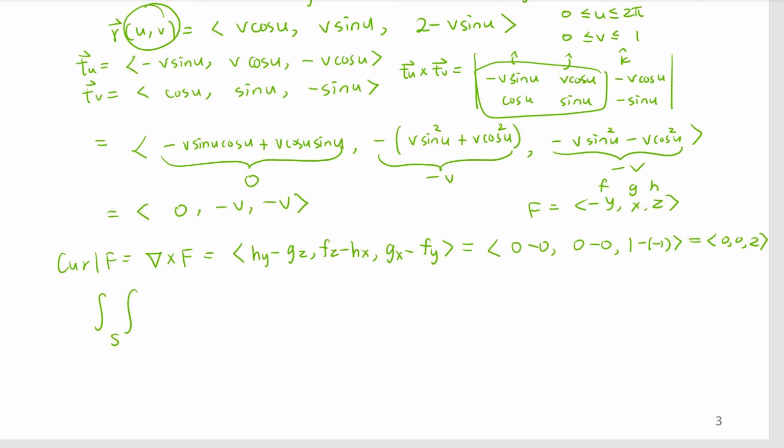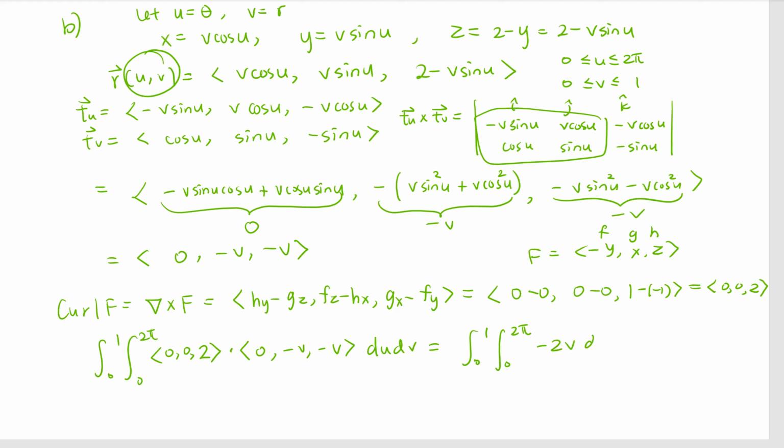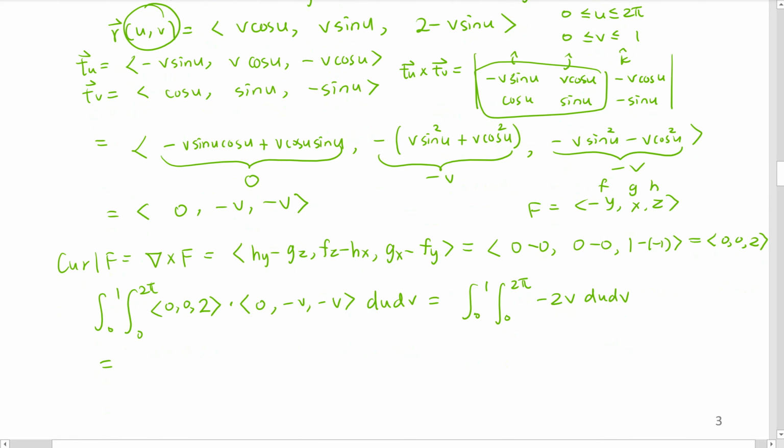Then our surface integral of 0, 0, 2 dot product with 0, 0, minus v, dv du. Because u and v are just constants, the order doesn't matter. If we do du first, u is from 0 to 2 pi and v is from 0 to 1. When we multiply it out, we just get negative 2v.